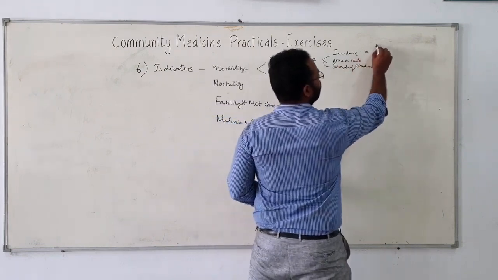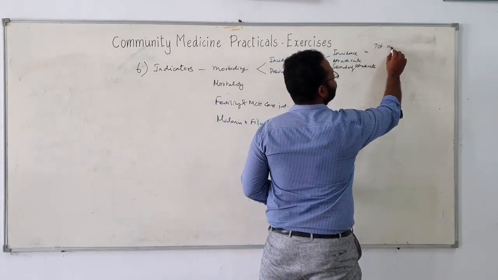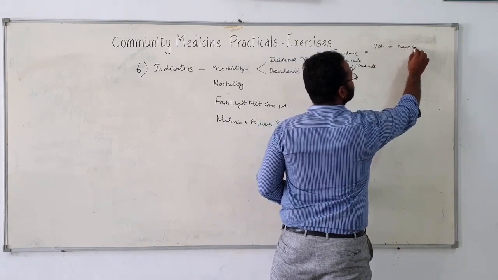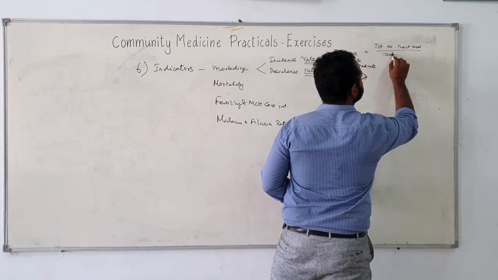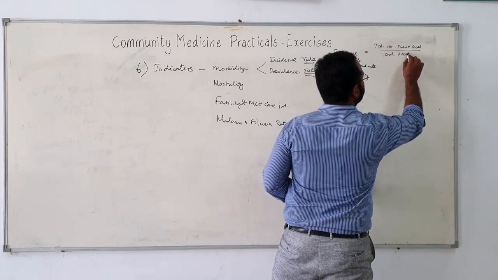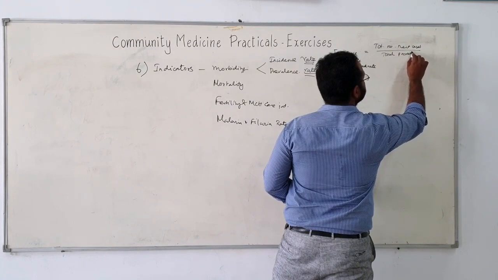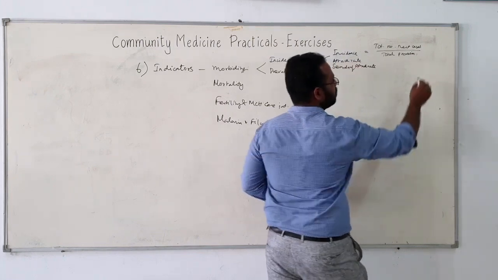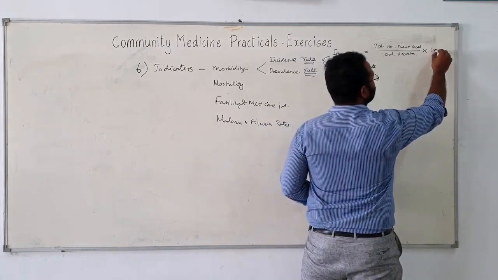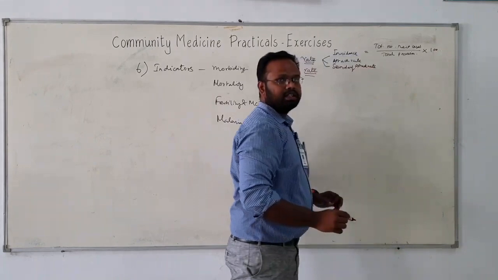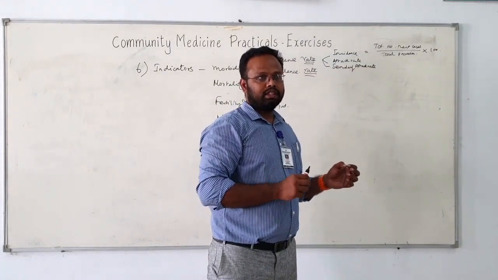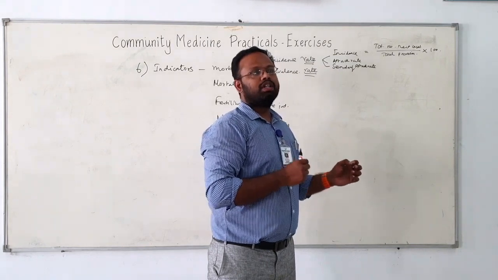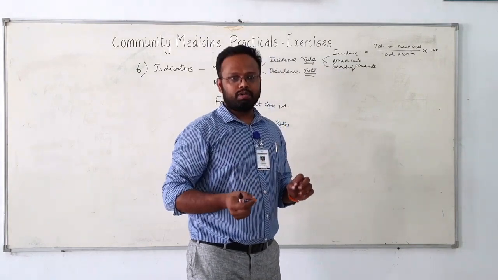Incidence is given by the formula: total number of new cases divided by total population, or the population at risk. You can say total population into 100, usually expressed in percentage. Sometimes it will be in thousands. If the incidence is very low, in decimals less than 1, they mention it per 1000 or per 10,000 population.